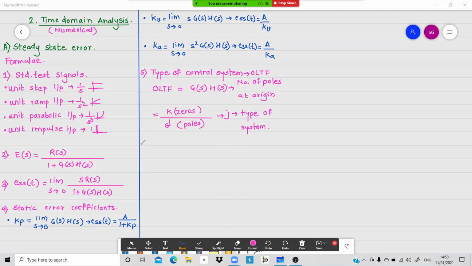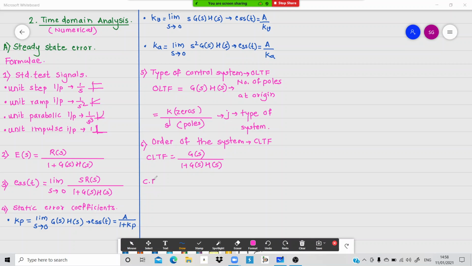Alright? On the same line, if you are talking about the order of the system, then this order comes from the CLTF. Don't mix the two. These two things are different. Now what is CLTF? CLTF is G upon 1 plus GH. And whatever is the denominator of it is the characteristic equation.